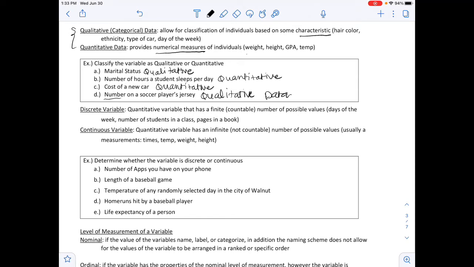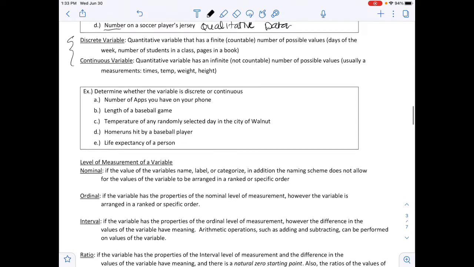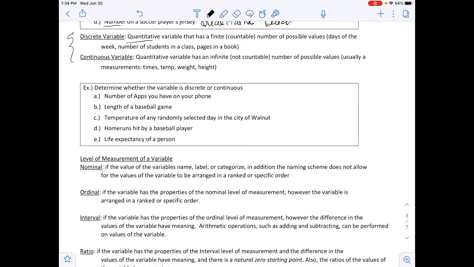The next set of vocab words that we have is discrete and continuous. A discrete variable is going to be a quantitative variable that has a finite or countable number of possible values, such as the days of the week, the number of students in a class, pages in a book.